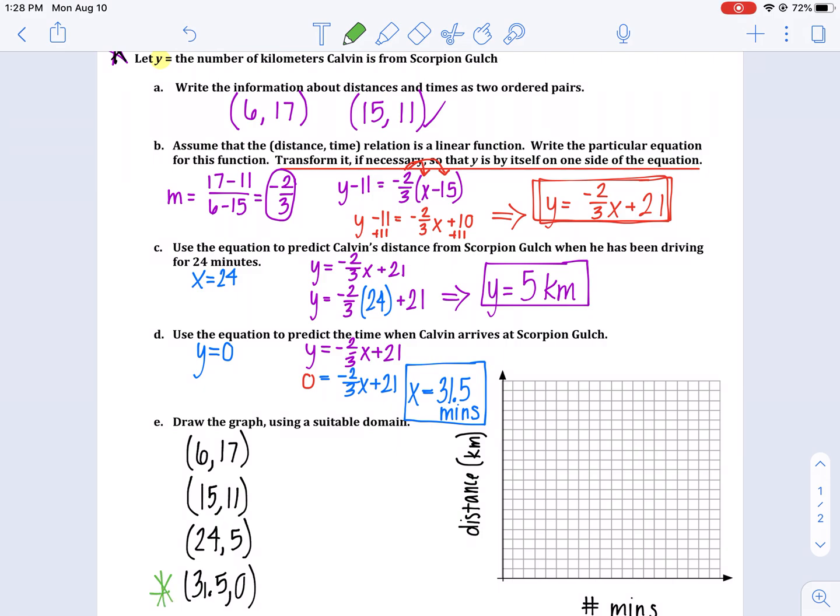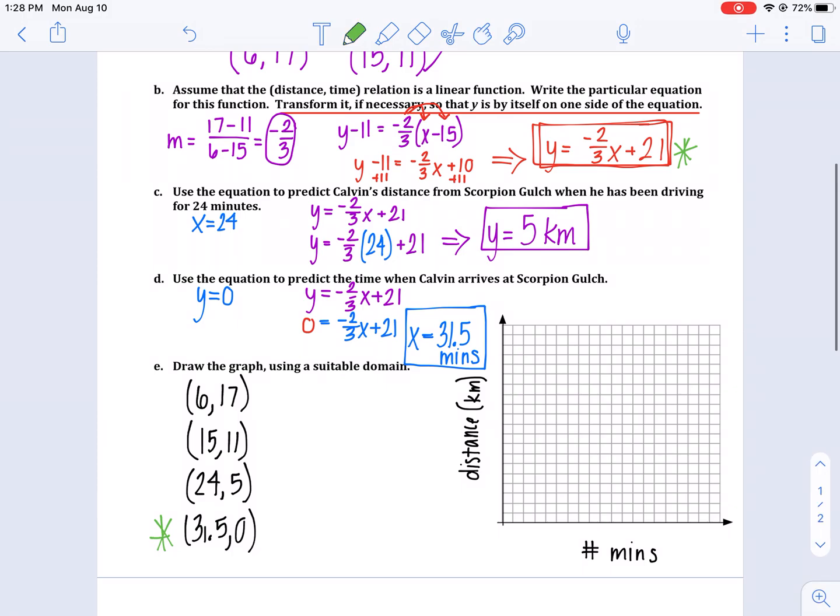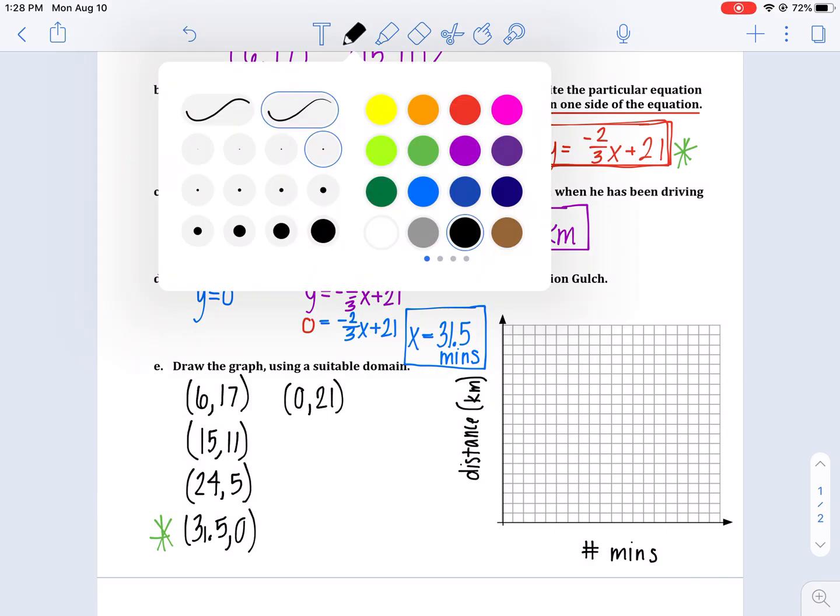You really should try to find the y-intercept as well. Okay, that'll help your graph. Well, luckily, if you look back here in part B, we made you solve for that. I know, we're so nice. So you actually create another point, that's the y-intercept of 0, comma 21.